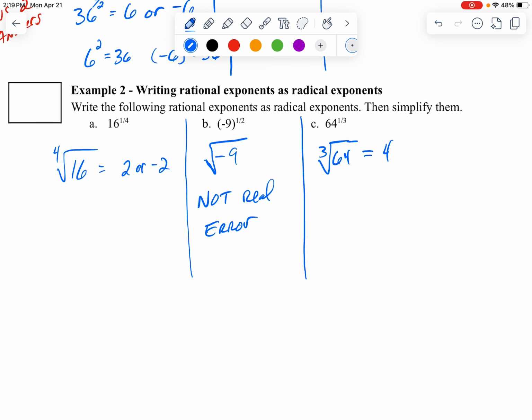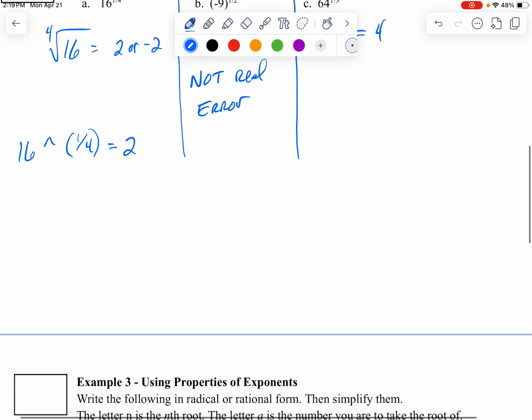So for this example A, if we have 16 to the 1/4 in your calculator, you would punch in 16 and then use your caret key and then just in parentheses put 1/4. And I believe your calculator is just going to tell you 2. But you need to recognize now that that could be 2 or negative 2.